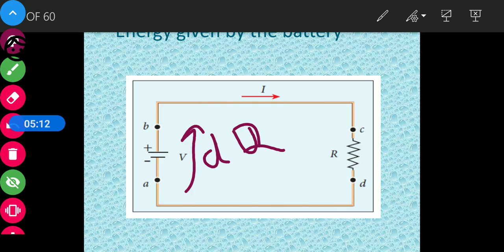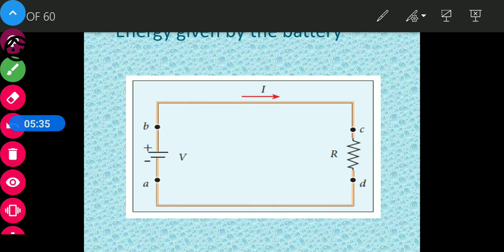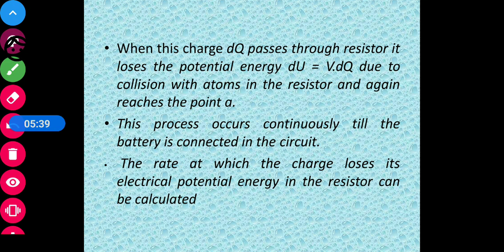So it is absorbing the energy from the battery, and then when this charge passes through the resistor CD, due to the resistance of the resistor, this energy is consumed here. Again the charge passes through the battery and absorbs energy. The same process continues as long as the battery is connected in the circuit.